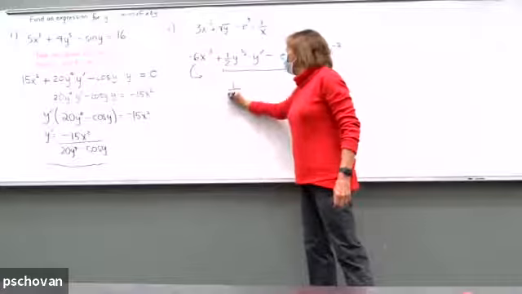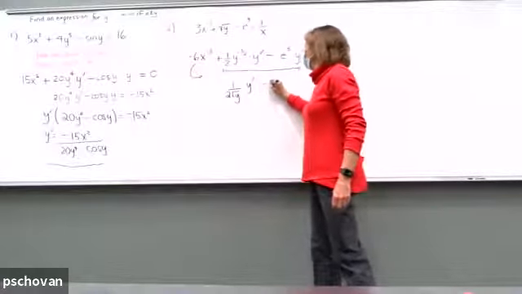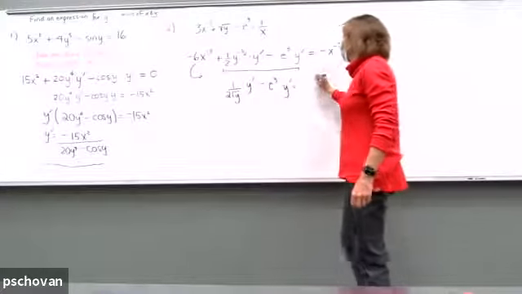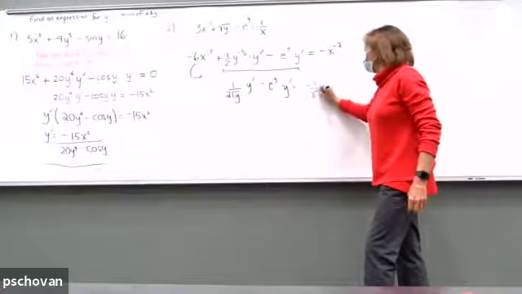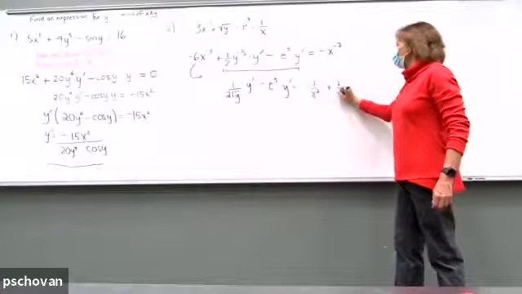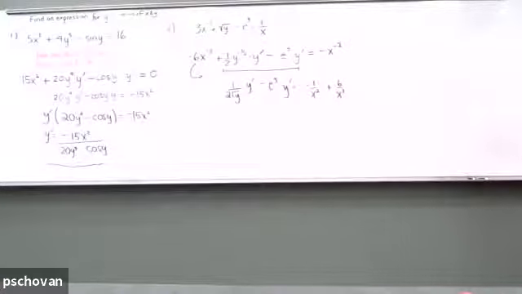So that's 1 over 2 square root of y times y prime minus e to the y times y prime. I'm going to write that as negative 1 over x squared. Now I'm adding that, and I'm going to write that as 6 over x cubed. Is that okay with everybody? You can leave the negative exponents. It's just one of those little quirky things that I don't like to do.